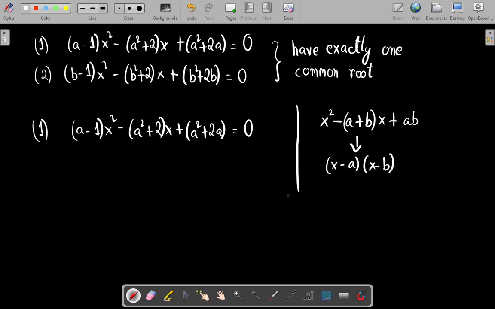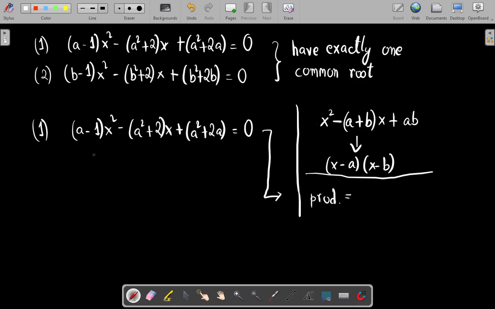So in other words, we have to see for this equation the product. Here the coefficient of x² is 1, so 1 times ab is ab.